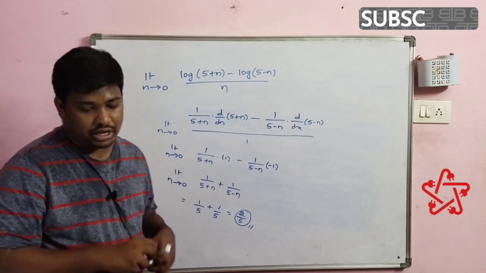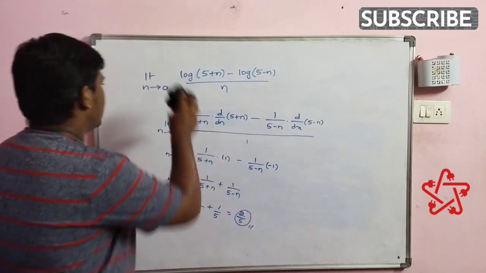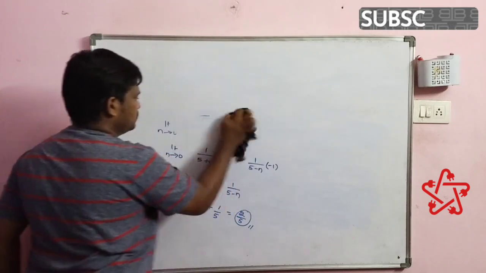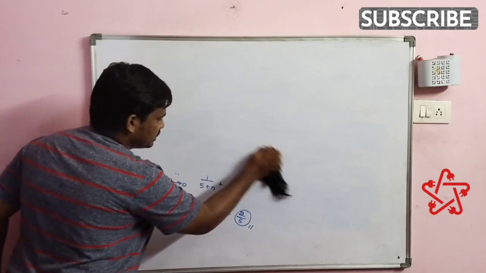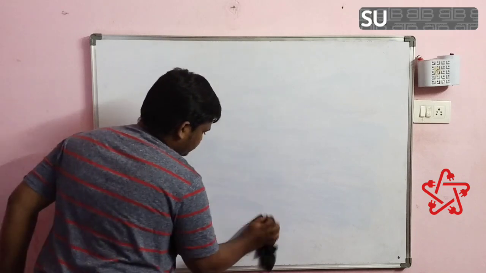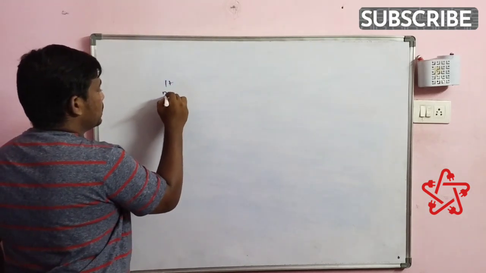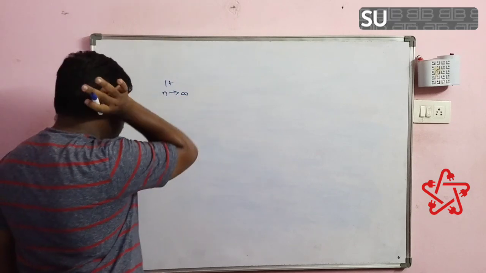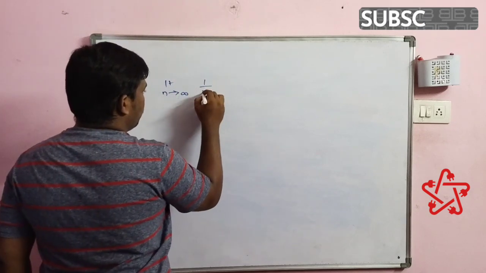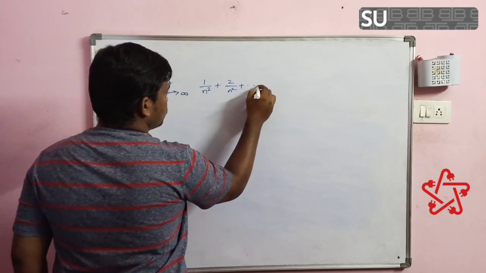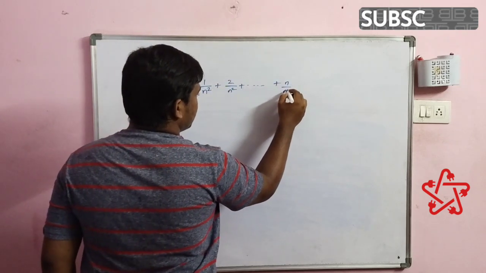Keep this in mind, and let me give some problems as your practice work. You can practice these problems on your own. Limit n tends to infinity of 1 by n square plus 2 by n square plus and so on plus n by n square.